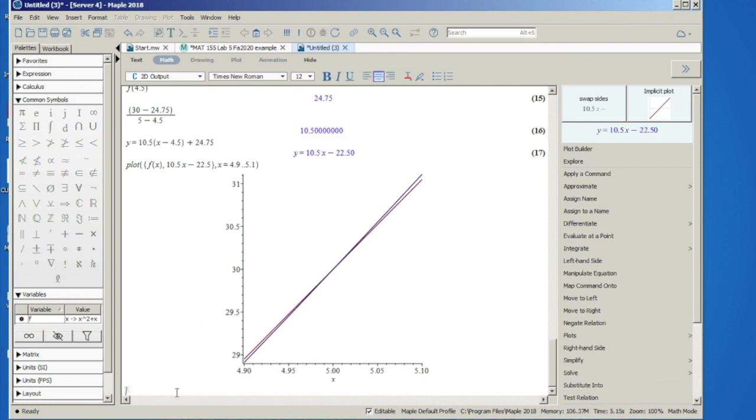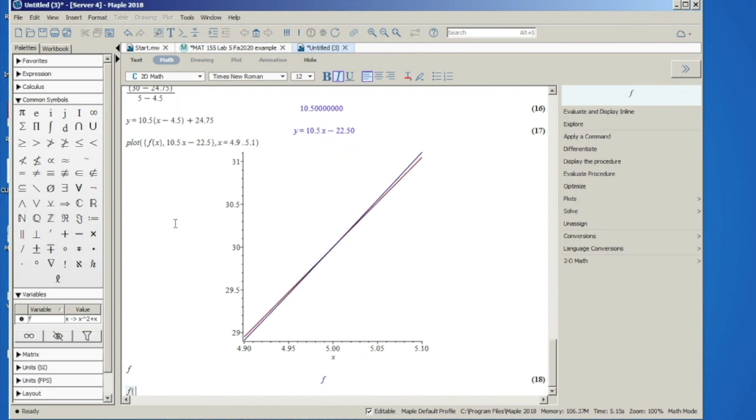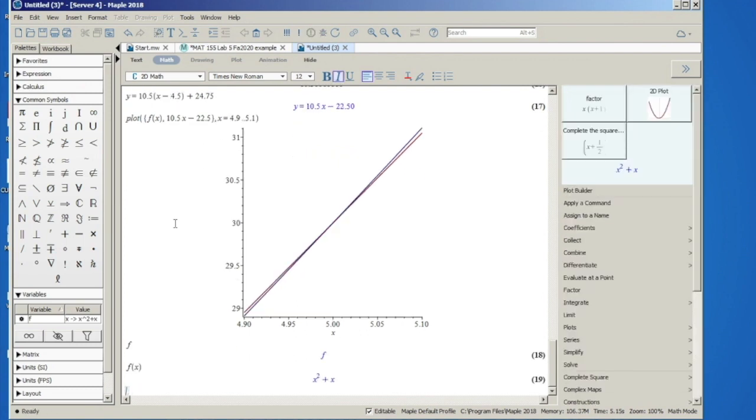In fact, if you do it by hand, from the things that you have learned in class, the original equation was x squared plus x.